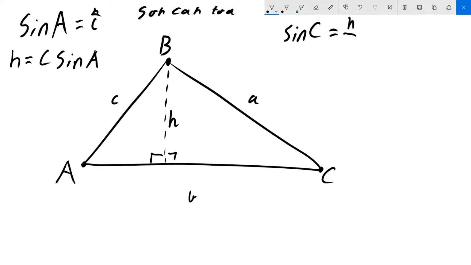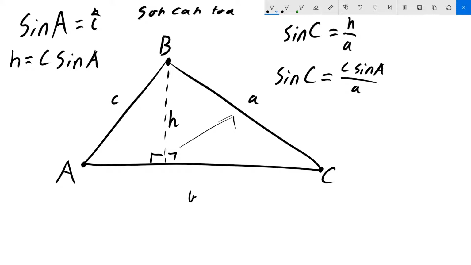Here's our right angle for this particular triangle. Opposite the right angle is our hypotenuse, which is A. Now I want to sub in what we worked out H to be. So sine C equals C sine A divided by A.